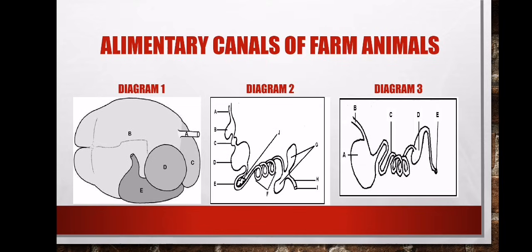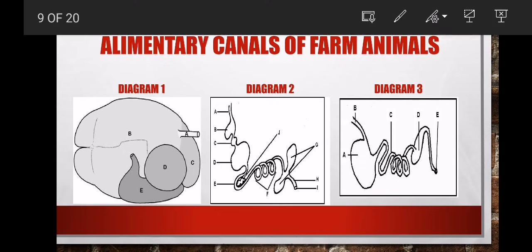When a question says classify the type of animal, you have 2 options. It's whether you say it's a ruminant or non-ruminant. That's how you can answer it. In this case, let us start by classifying them.